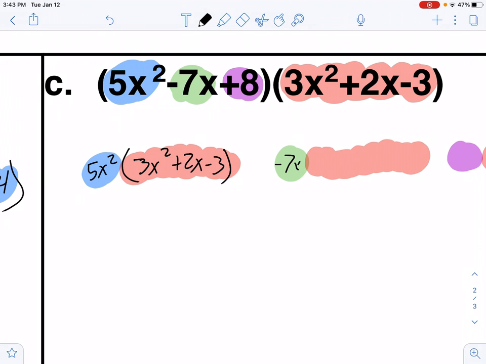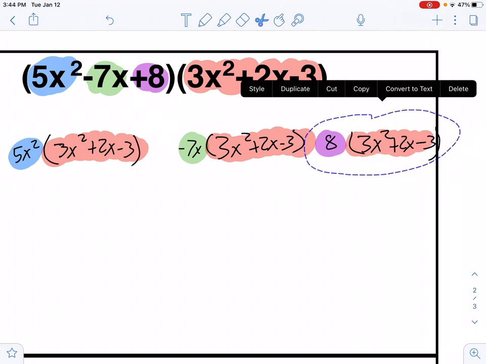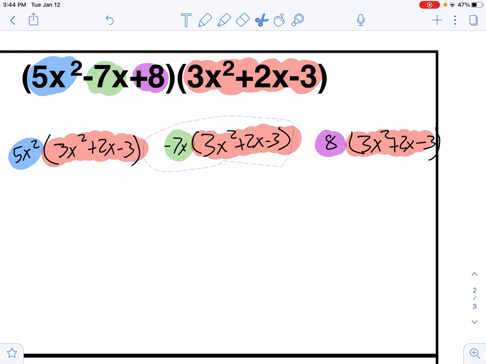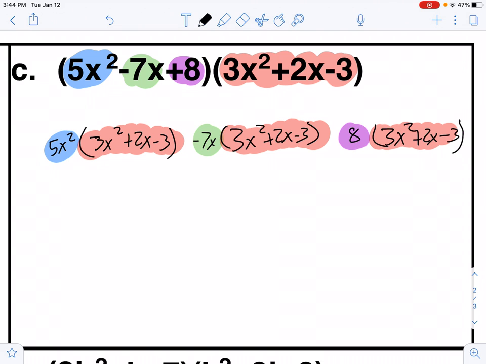Saying negative 7x times this whole thing. And I'm saying 8 times that's a minus 3. I've got to be aware that that's not plus. It's just where it lined up, so let me shift those over a little bit. Okay. Now I'm just going to do these one piece at a time.